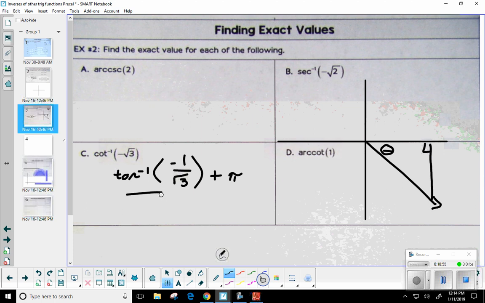So this portion right here, the tangent inverse, guaranteed whatever I get, it's negative. Remember, sine inverse, tangent inverse, if it's in quadrant 4, guaranteed that's negative. Now, it may or may not still be negative. The final answer just depends on what we get when we add pi to it. Is everybody okay with that?